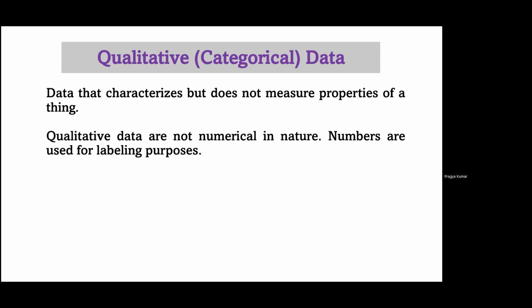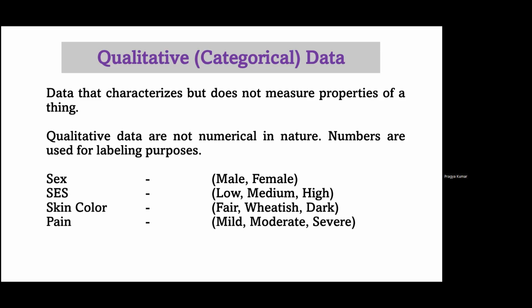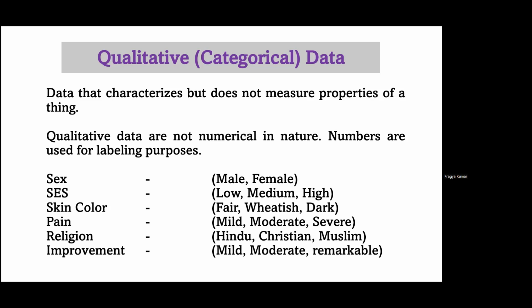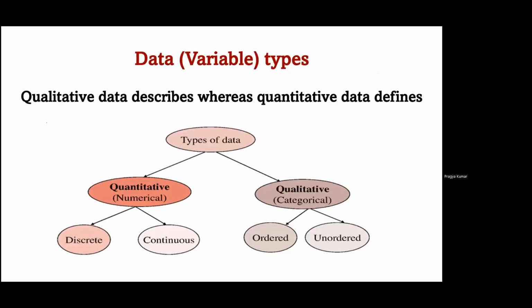They will always be numerical, so the numbers are not for labeling purposes. In contrast, gender, socioeconomic status, skin color, pain, religion are data where numbers are generally used for labeling purposes.